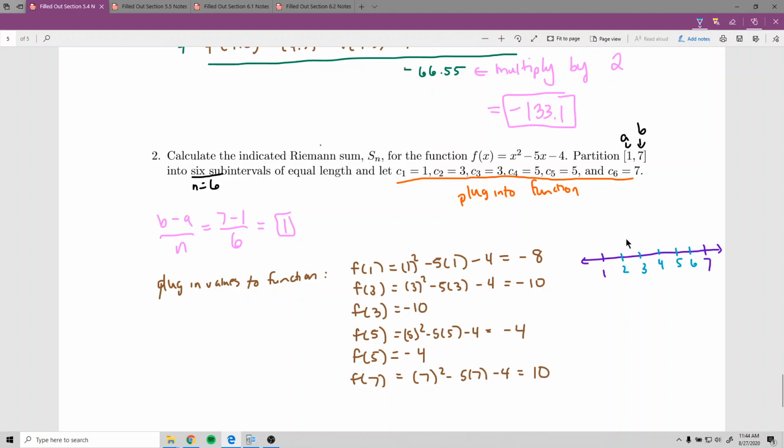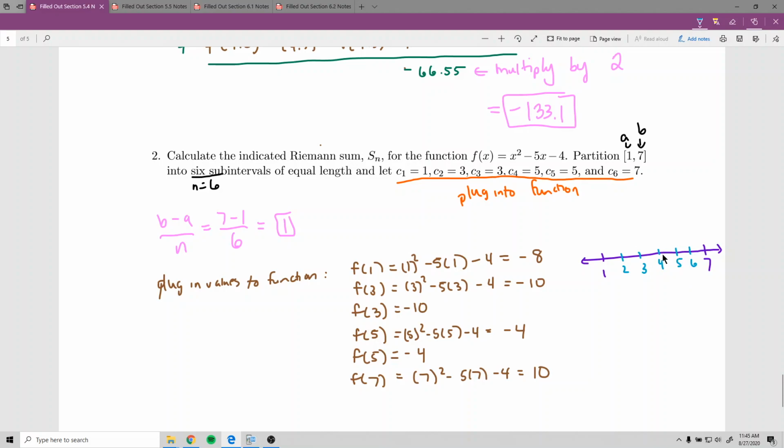And you can see we have 6 intervals now. Right, now 1 is the first one that we plug in, which is in the first interval. 3 is the second one and the third one, but it fits in both intervals. 3 is just the right side of interval 2 and the left side of interval 3.